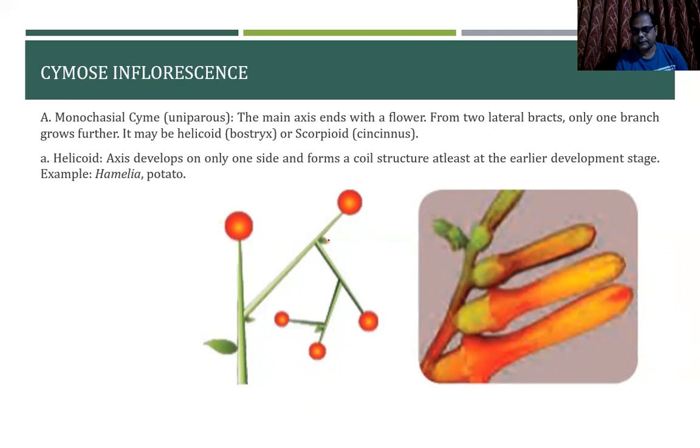The further one is moving in one direction itself. So if this is moving towards the right, this is further moving towards the right, this is towards the right, and this is towards the right of the parent axis. Now this is what we call the helicoid kind of monochasial cyme.